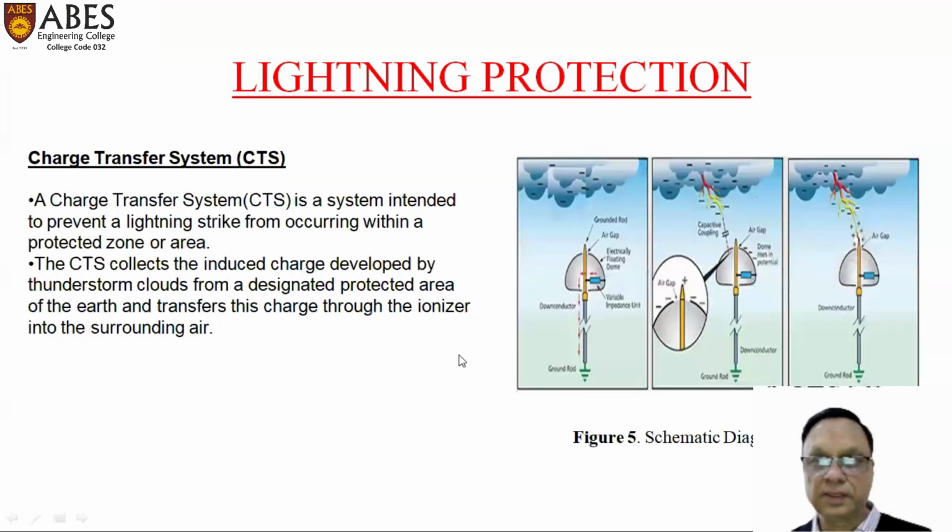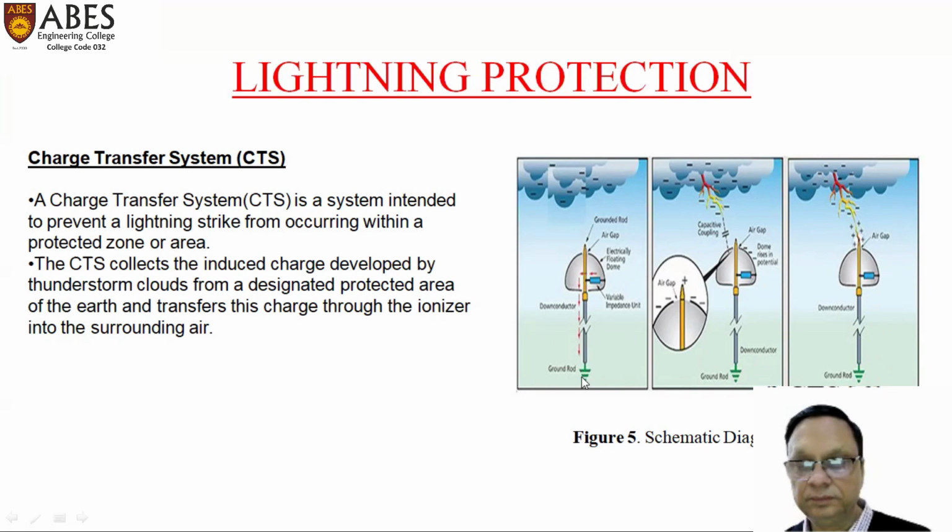Next is the charge transfer system. A charge transfer system is a system intended to prevent a lightning strike from occurring within a protected zone or area. Here again, it is similar to DAS, but here there is an air gap. The CTS collects the induced charges developed by the thunderstorm clouds from a designated protected area on the earth and transfers this charge through the ionizer into the surrounding area.